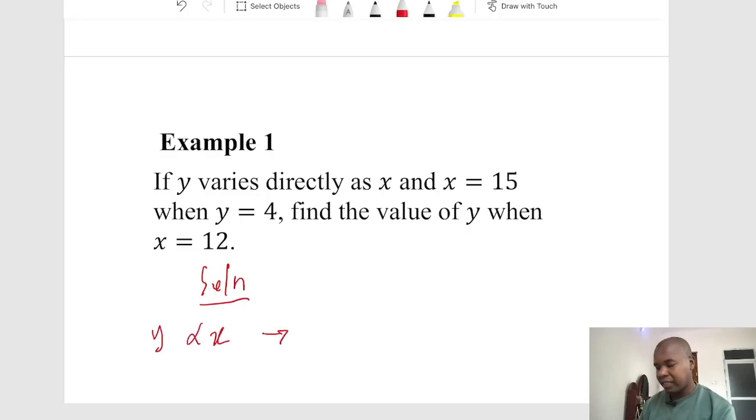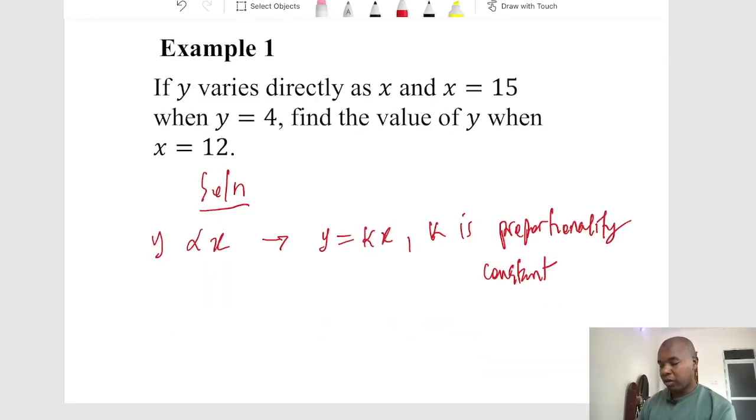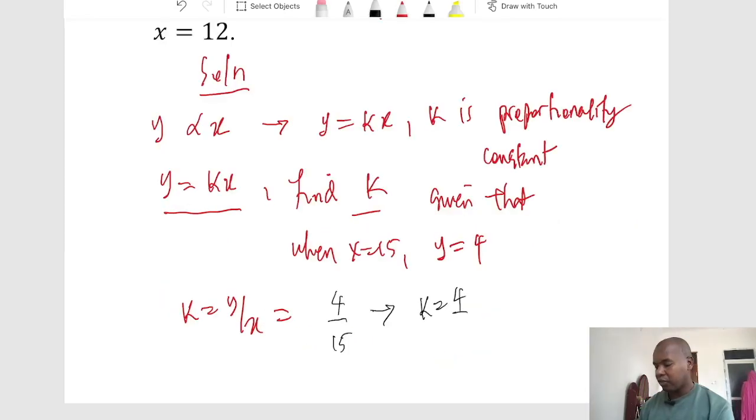And mathematically here we say that y equals kx, where k is the proportionality constant. So now we have y equals kx. Find k. This is the first step with this question. We were given that when x equals 15, y is equal to 4, so k is 4 over 15.